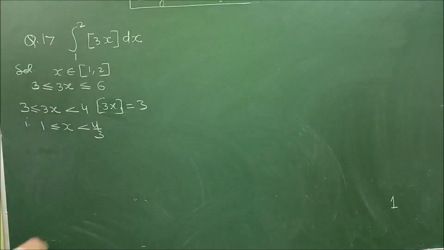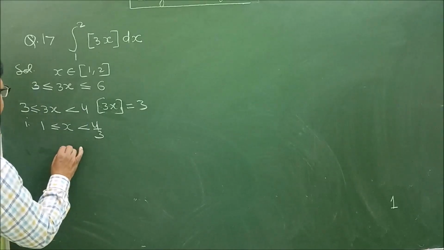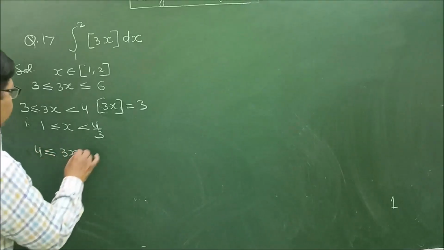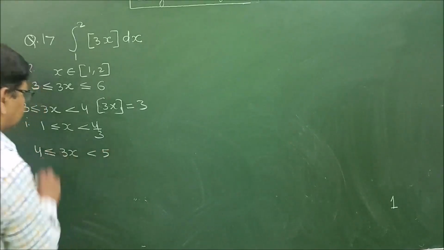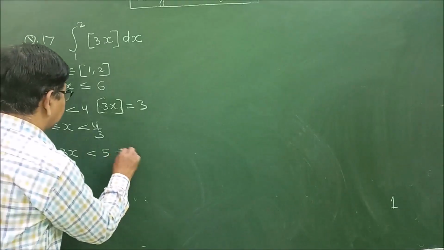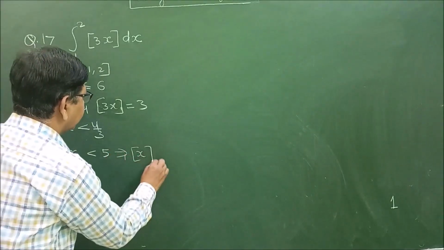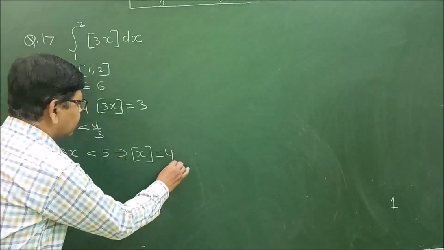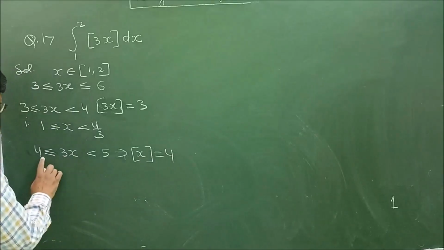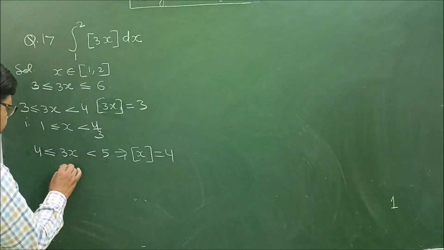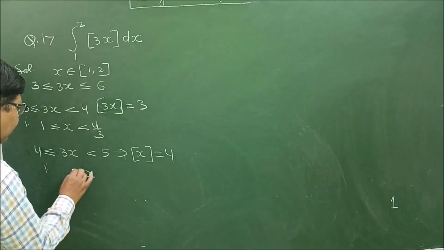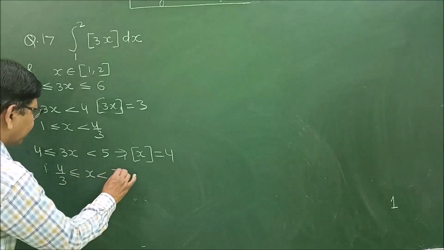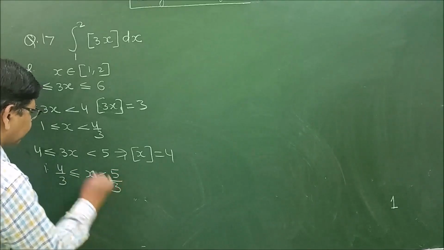When the value of 3x lies between 4 and 5, the greatest integer 3x will be equal to 4. It means x is greater than or equal to 4 upon 3 and less than 5 upon 3.